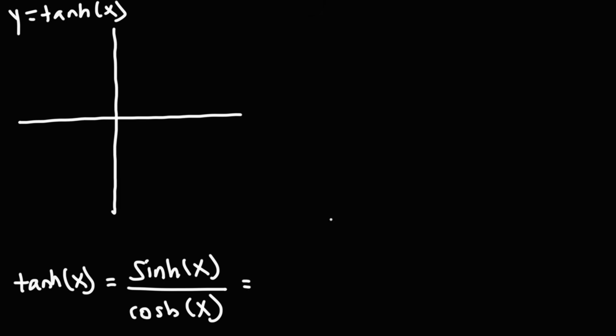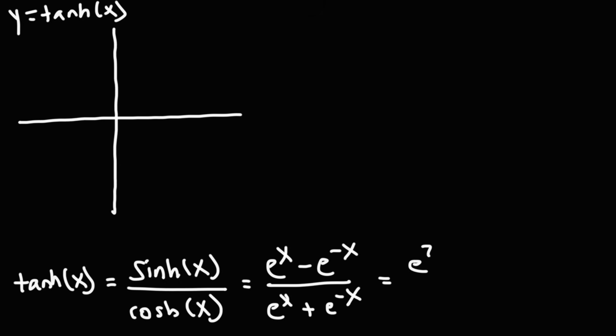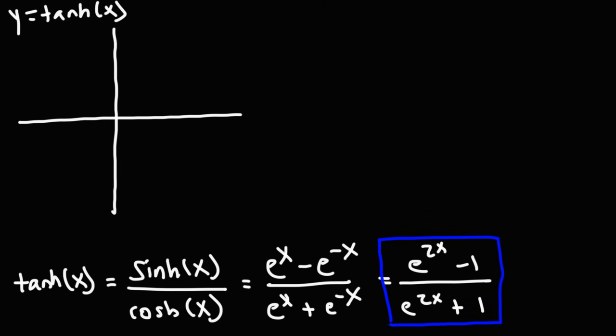And there's this form, e to the x minus e to the negative x over e to the x plus e to the negative x. And then there's this form, e to the 2x minus 1 over e to the 2x plus 1. Now, it's easier to graph hyperbolic tangent using this form of that function.